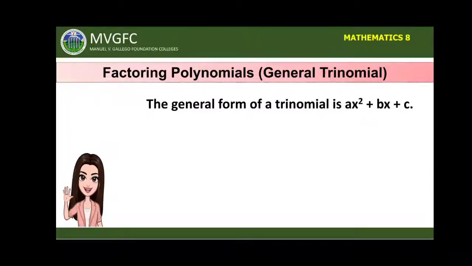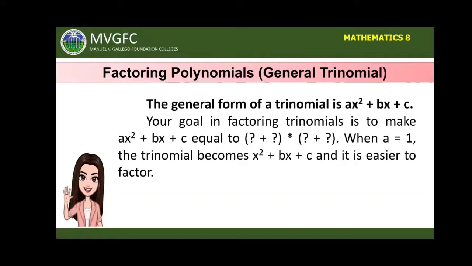So our general form of a trinomial is ax²+bx+c. Our goal in factoring trinomials is to make ax²+bx+c equal to, of course, our two binomials. When a is equal to 1, the trinomial becomes x²+bx+c, and it is easier to factor.